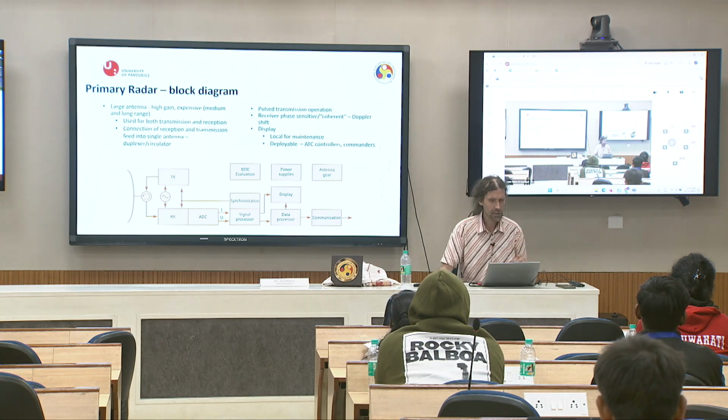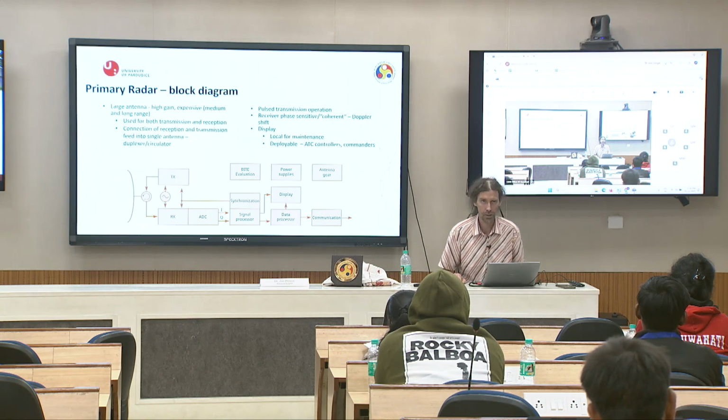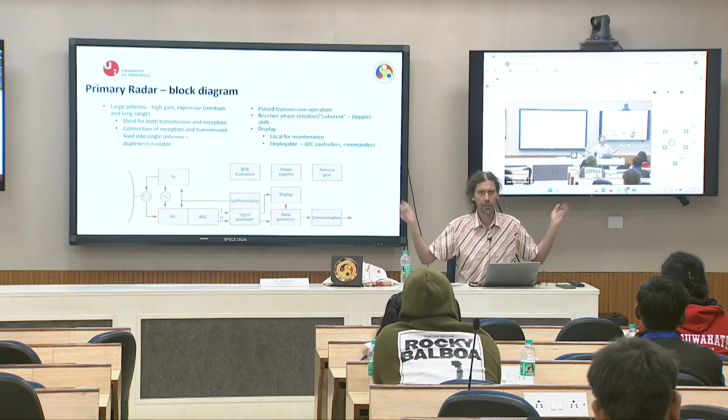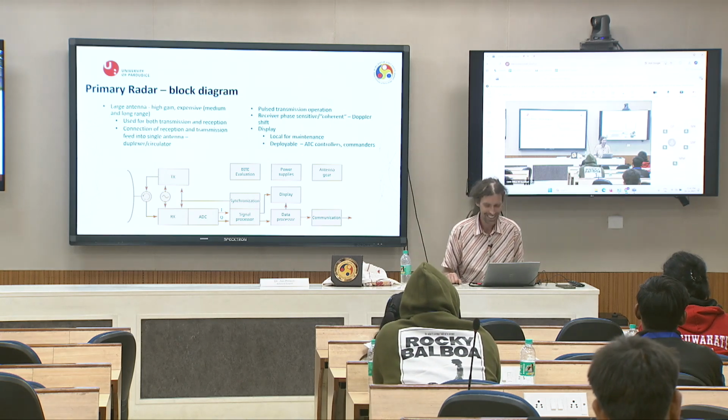And around this system we have built-in test equipment. It is for checking the health of your radar system, if I can say it simply. And power supplies, of course, you need electricity.